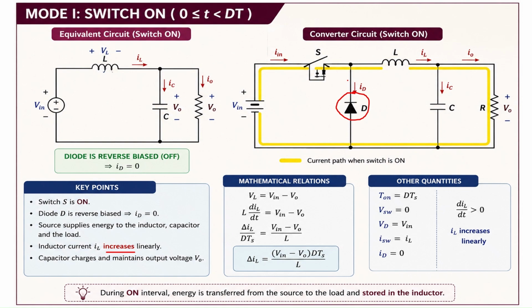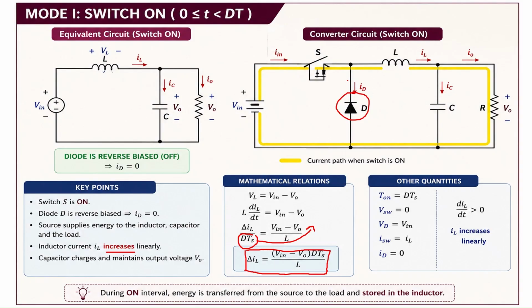Taking L to the other side, we can rewrite this equation as delta IL by DTs is equal to V in minus V naught upon L. Now take this DTs to the other side. So delta IL is equal to (V in minus V naught) DTs upon L. This is one of the main equations that we need to design the components of this buck converter.